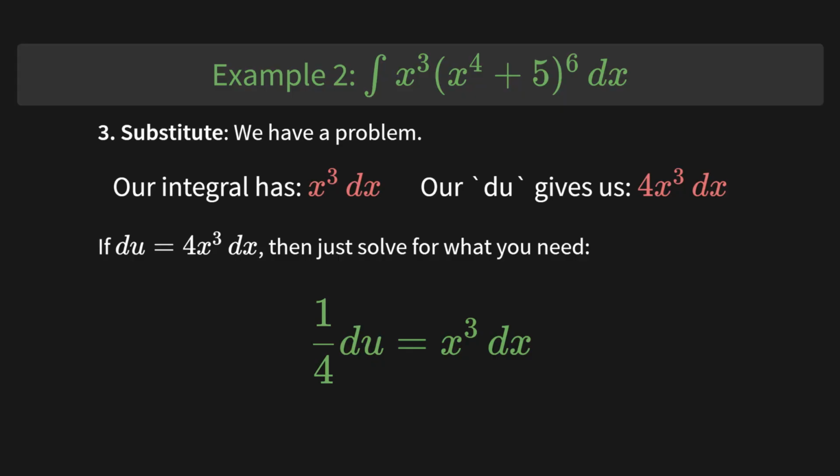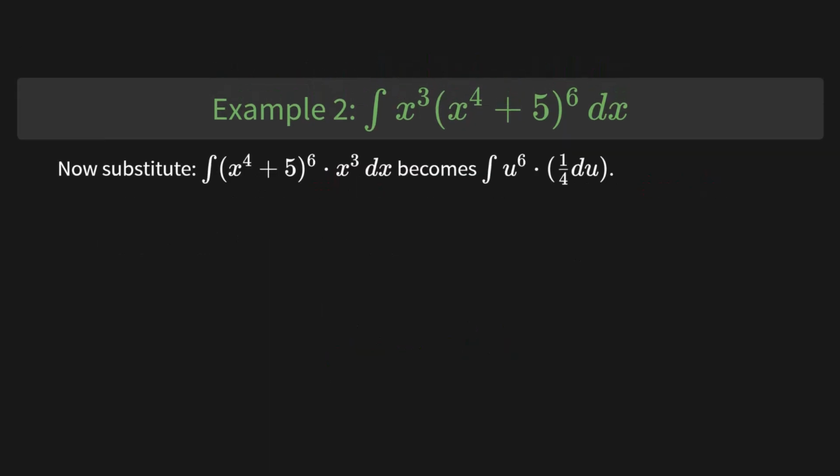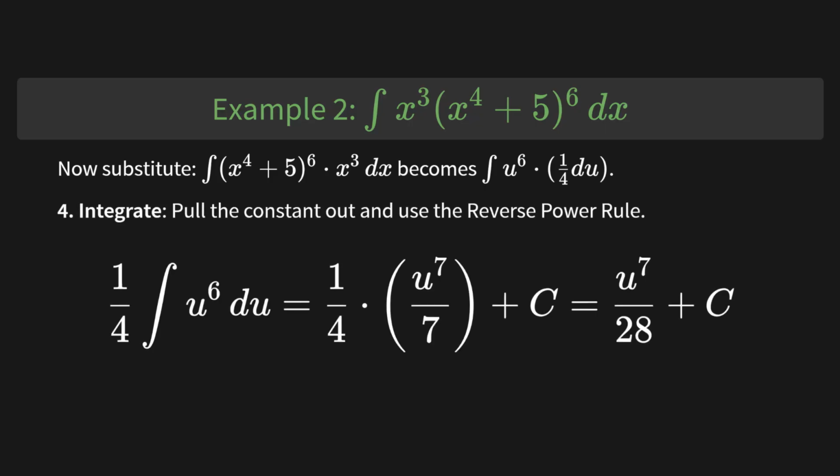so let's substitute. The integral of (x to the 4th plus 5) to the 6th times x cubed dx becomes the integral of u to the sixth times 1/4 du. Step 4. Integrate. Pull the constant out and use the reverse power rule. We have 1/4 times the integral of u to the sixth du.